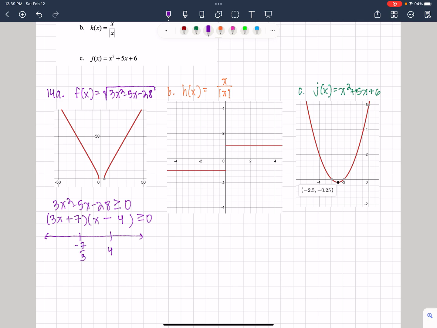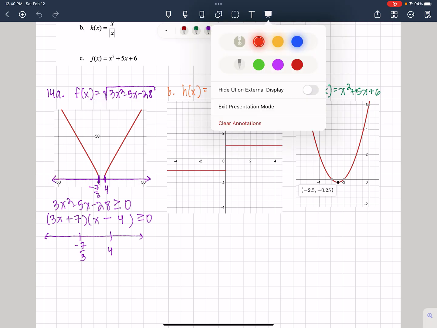So you can equate this to the x-axis. And this value right here is going to be negative 7/3, and this value right here is positive 4. I could have really changed the settings on this graph a little bit better because we're going from negative 50 to positive 50.